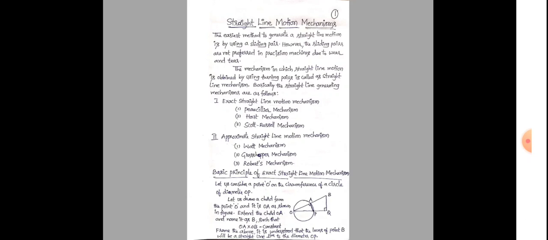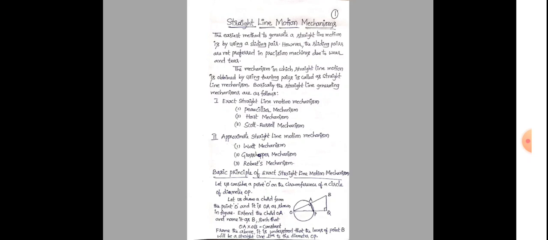A sliding pair is the one in which the two links have a sliding motion relative to each other. That is nothing but a sliding pair. So, the easiest way in any mechanism to produce a straight line motion is by using a sliding pair.